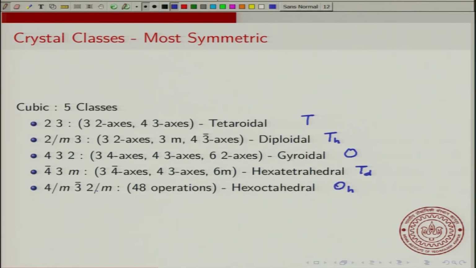So you can look at all these point group symbols, and in some sense there is a logic in all of them. Definitely the Hermann-Mauguin notations can be derived for the most part. There are some conventions that are used, but for the most part you can derive them.